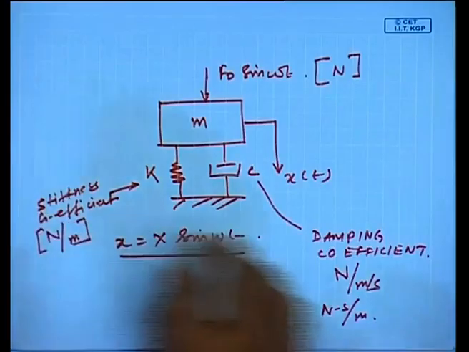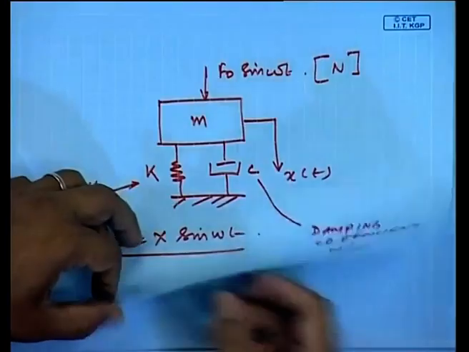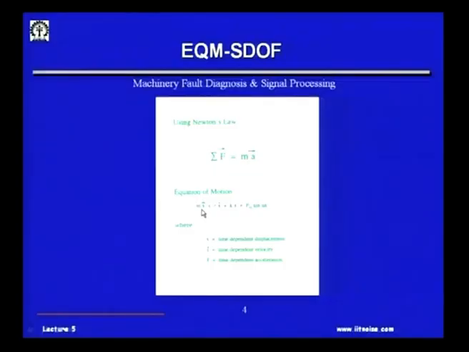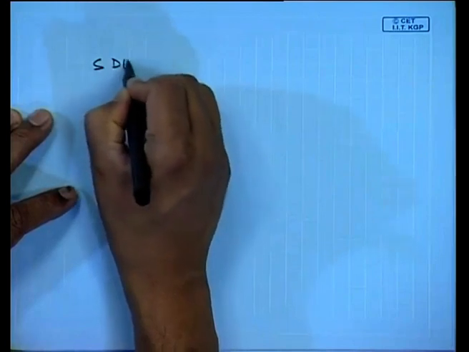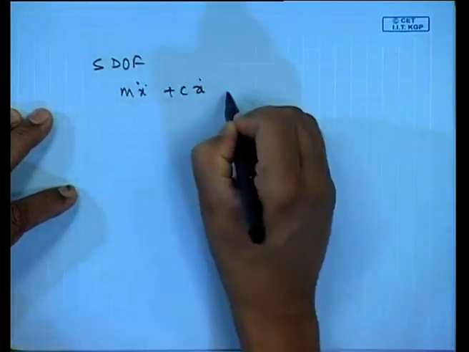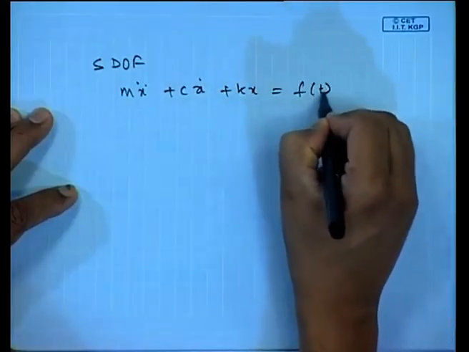So, from Newton's second law, we will come up with this equation of motion: m x double dot plus c x dot plus k x is equal to F0 sin omega t. So this is the equation of motion for a single degree of freedom system, F(t).